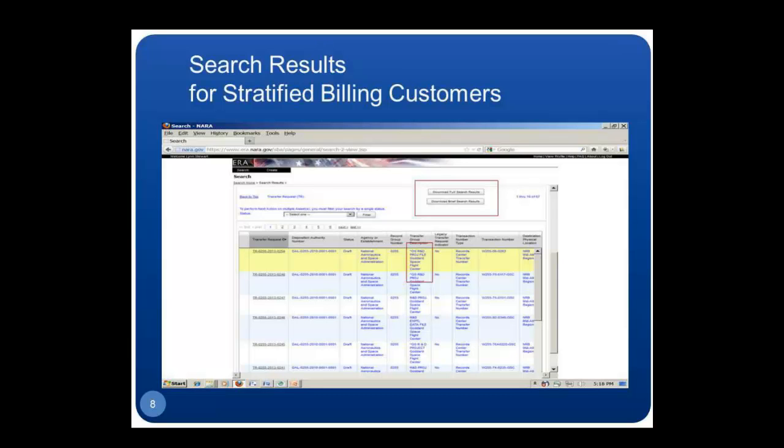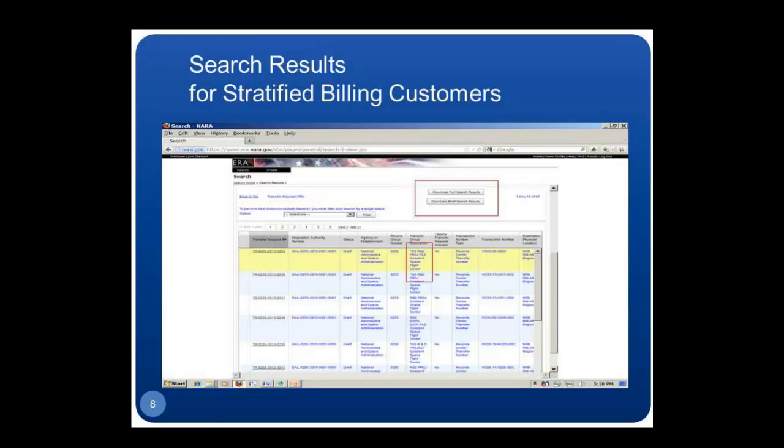And in addition to that, you may also export the data from the ERA system to an Excel file format, and that action may be completed through either downloading a full search result or downloading brief search results. You'll see on the screen highlighted on the upper right corner these two options.